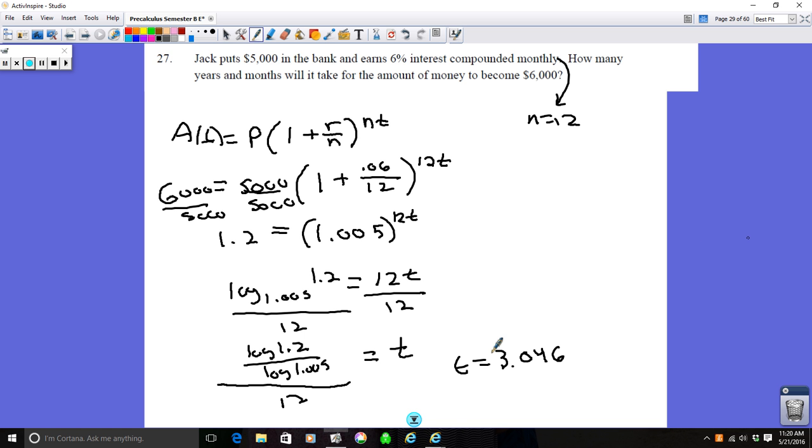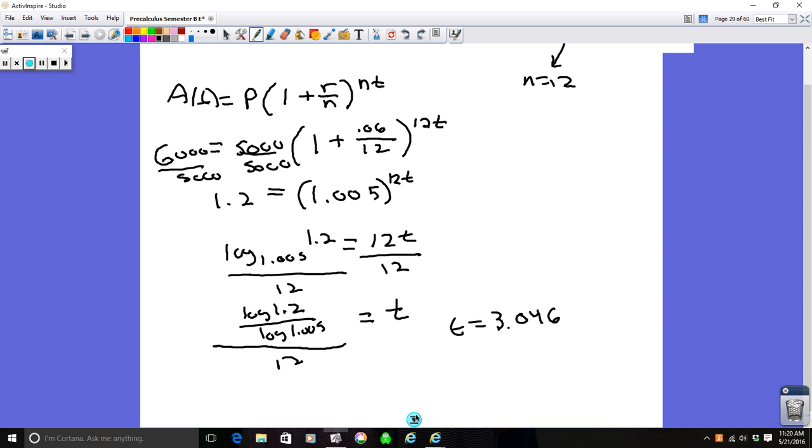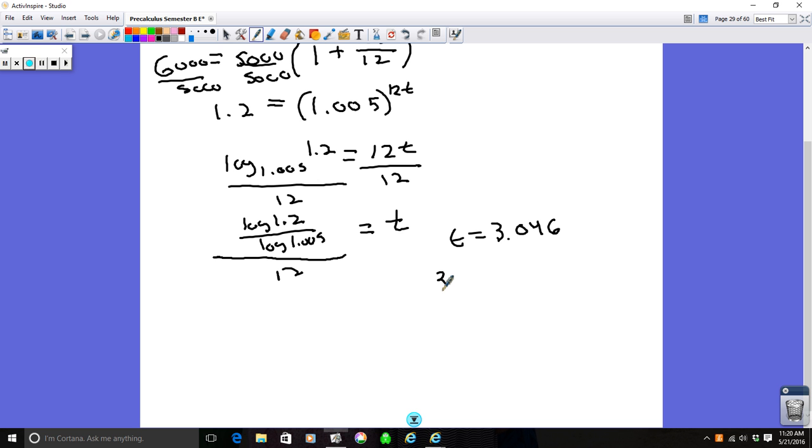Not so easy. You got to stop here and pay attention, because it wants to know how many years and months. And this is definitely 3 years. That's the easy part. But we need to know what 0.046 is in terms of months. It's over 1,000, in terms of tenths. But we want to know it in terms of twelfths.